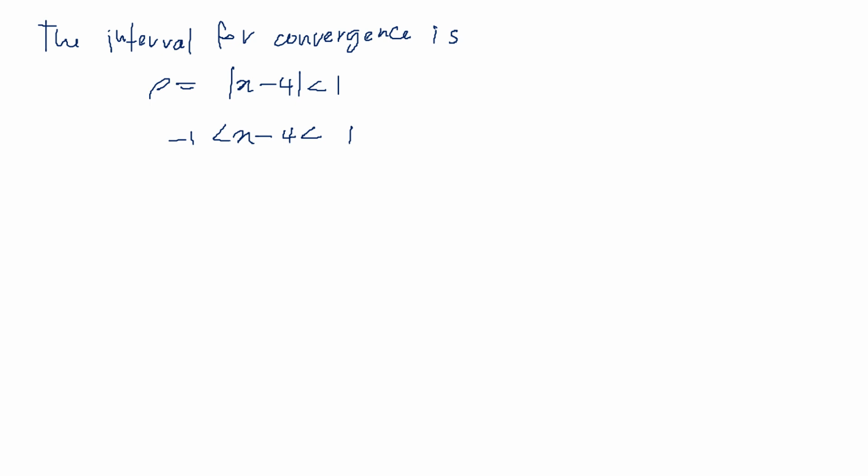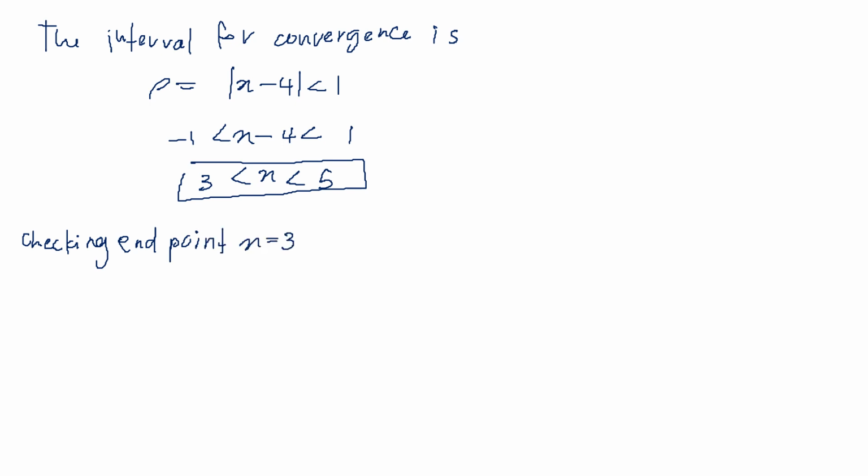And you have to solve this. So x equals negative 1 plus 4, bring this forward, you will get 3. And this one, 1 plus 4, you will get 5. Okay, so this is your interval for convergence. After you get this, you have to check the endpoints. Okay, checking endpoints.